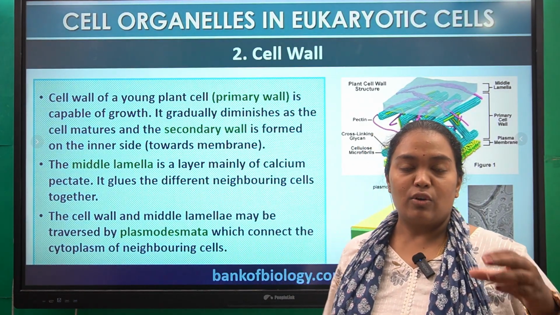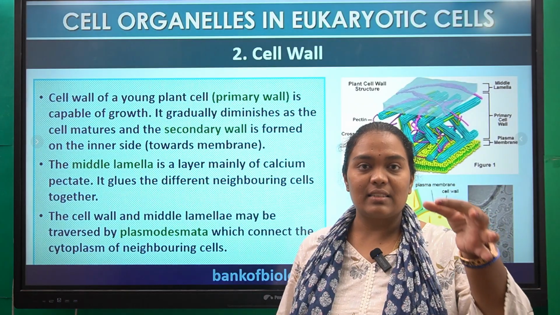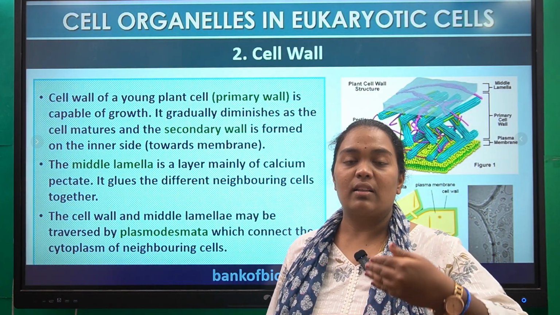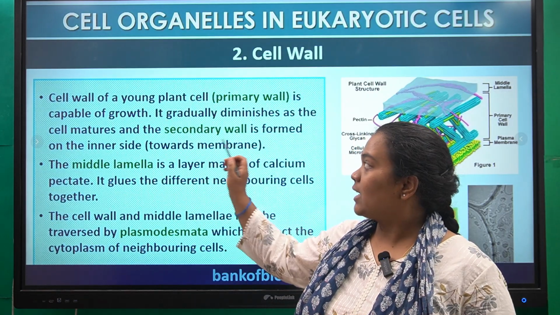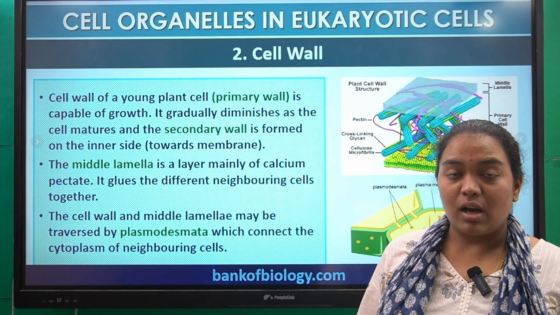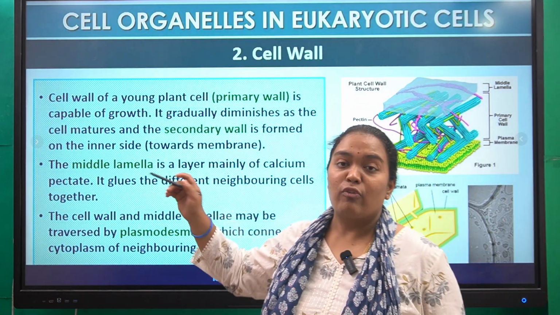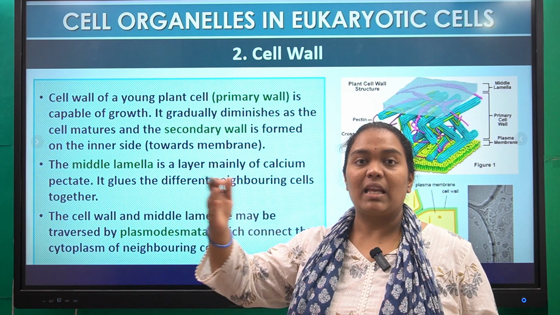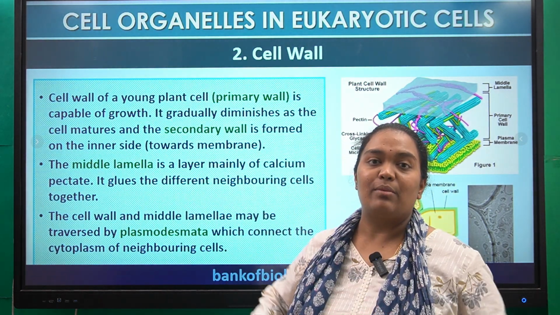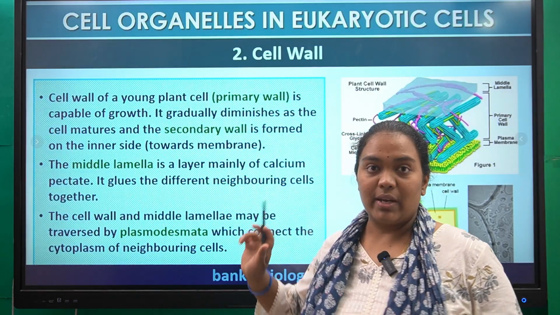So first it was increasing in thickness and width, whereas in the mature state it turns into the secondary wall, which forms on the inner side of the cell wall, just adjacent to the cell membrane.